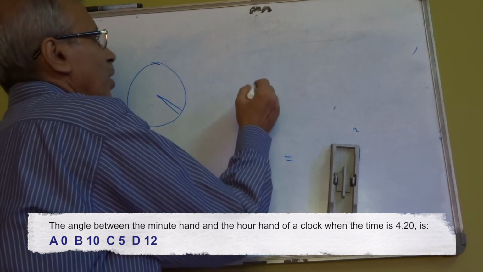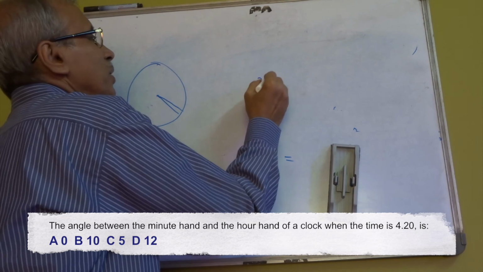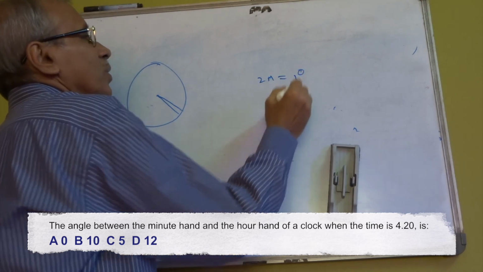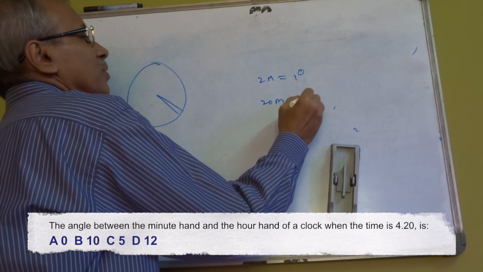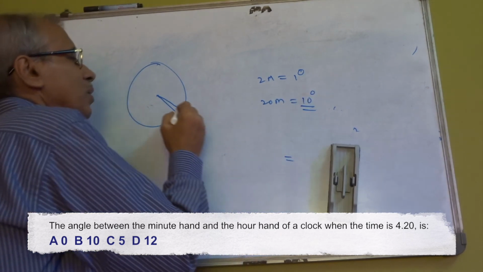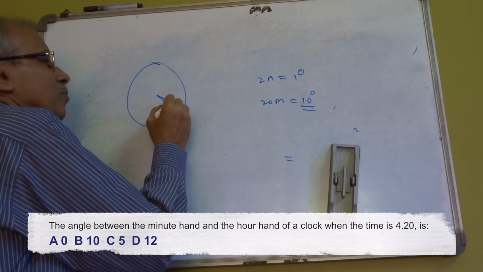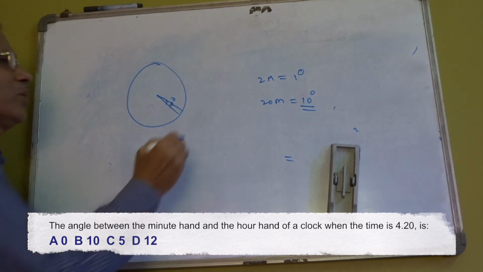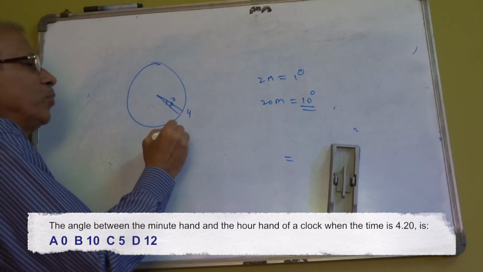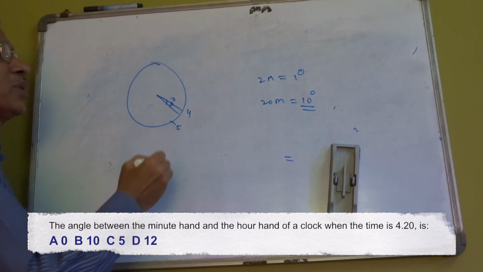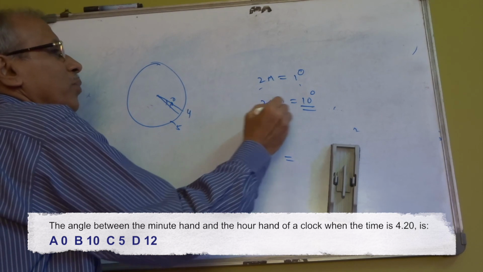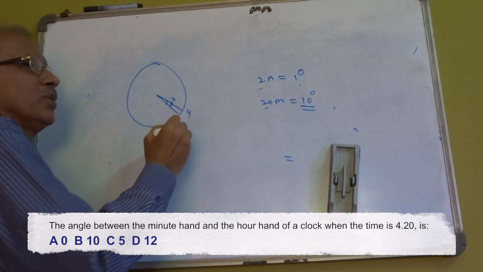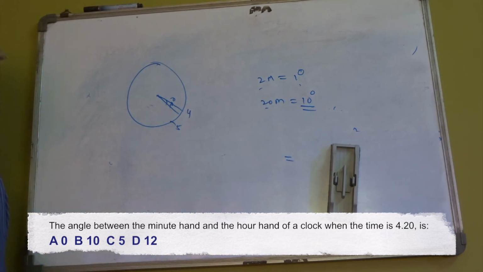Now we have said the hour hand, every 2 minutes, covers 1 degree. So 20 minutes it covers 10 degrees. So the difference is only 10 degrees, because this is at 4, this is between 4 and 5.